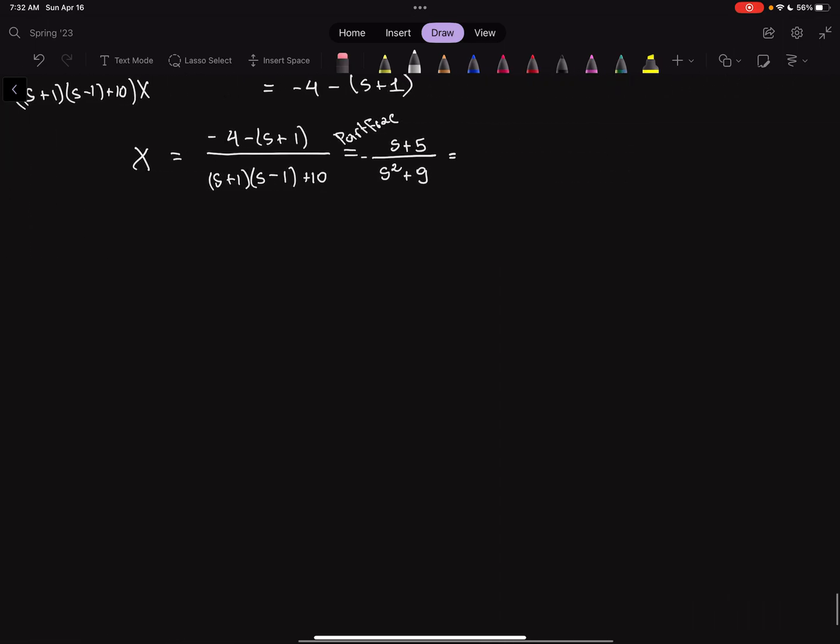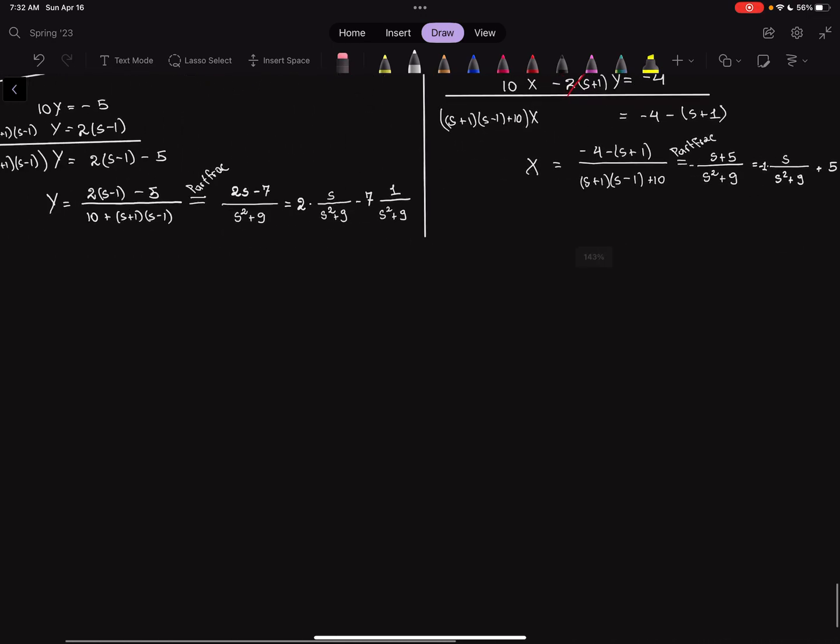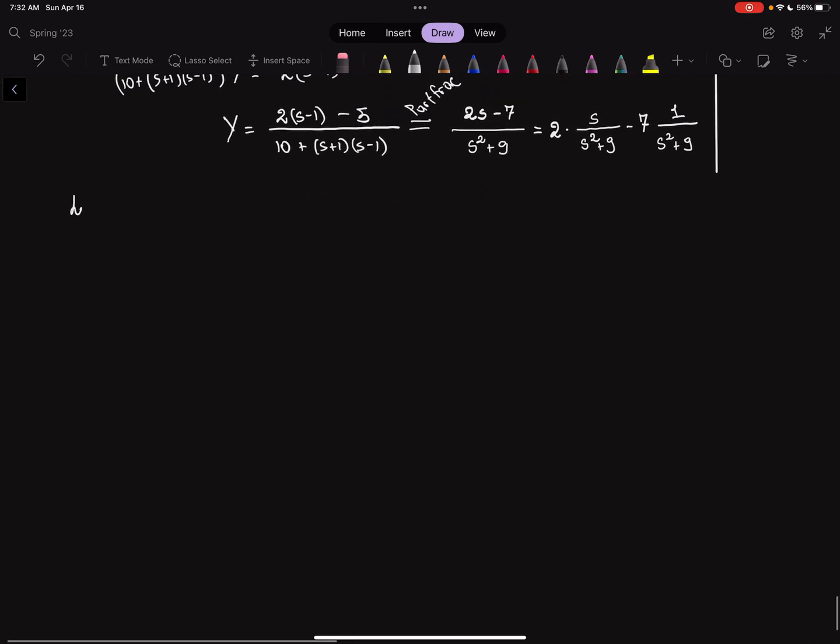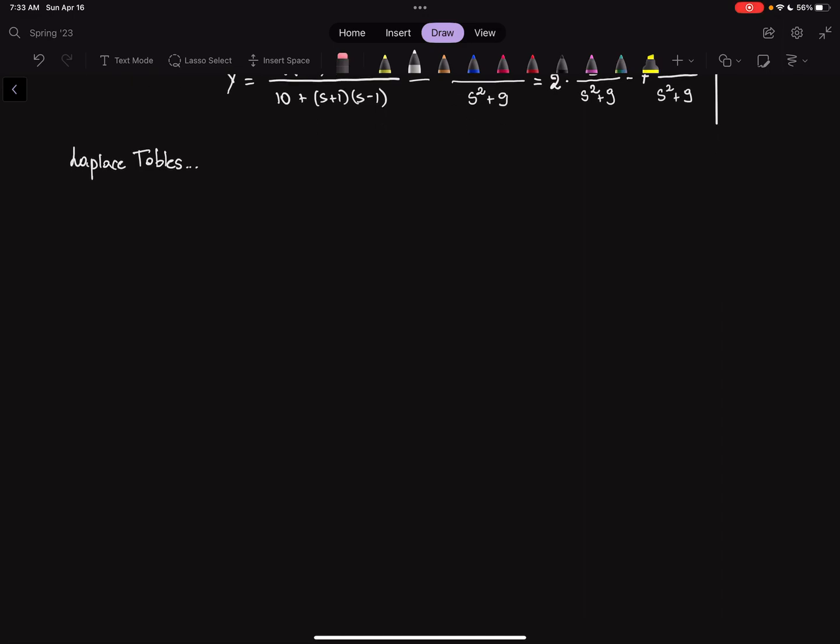Now here, I'm going to write s over s squared plus 9 with a minus 1 in front. And then we have a 5, and here we have a 1 over s squared plus 9. Now, if you look at the Laplace tables, you're going to see that there are two columns, one for f of t and one for its transform, big F of s.